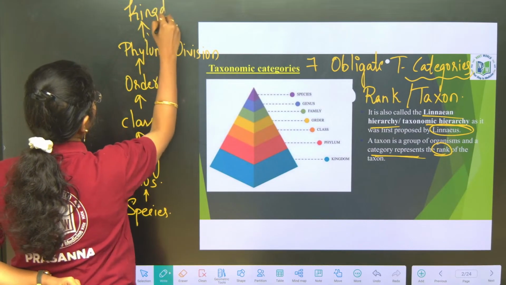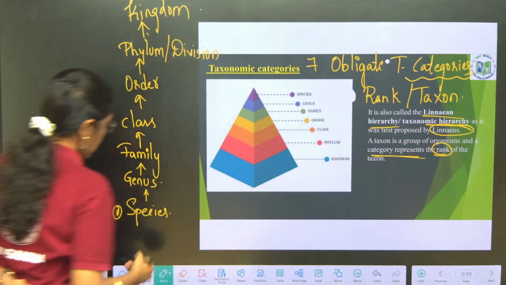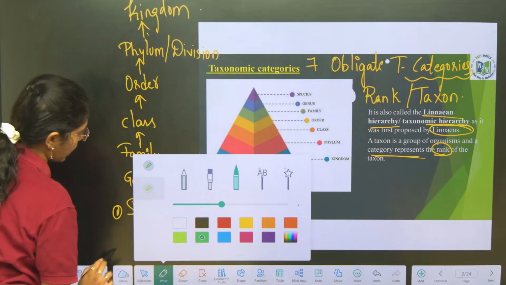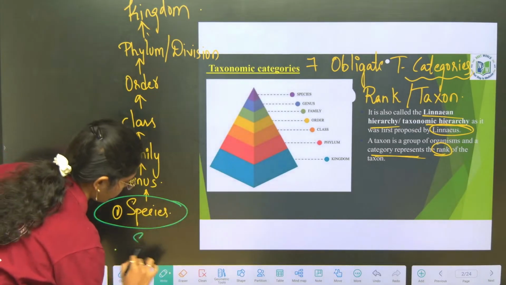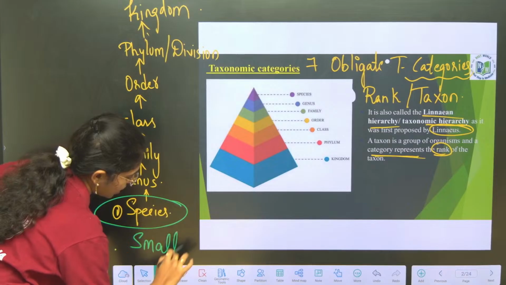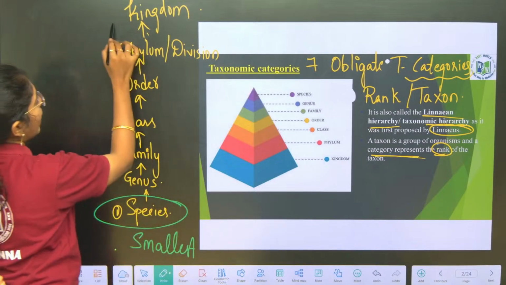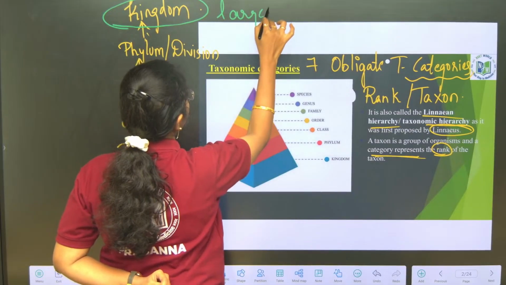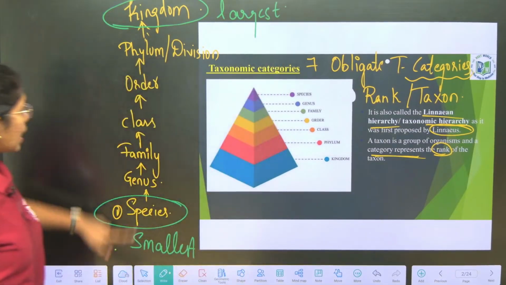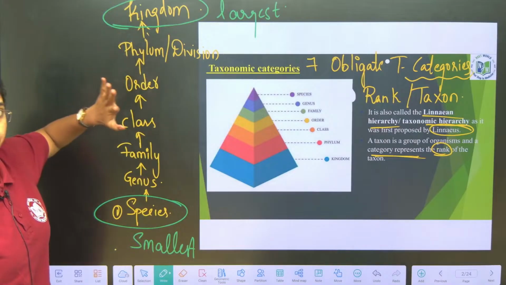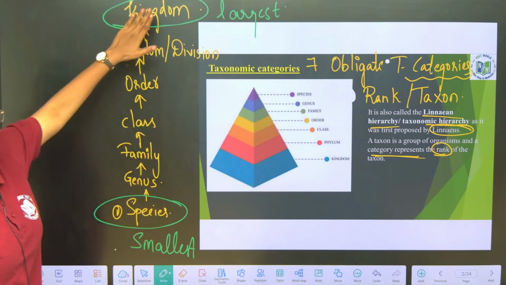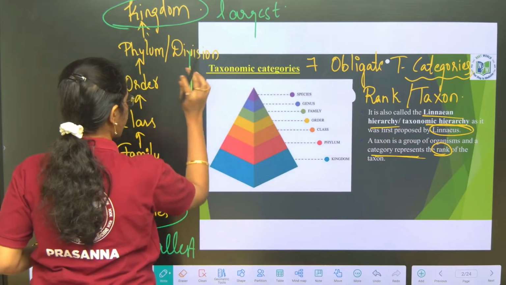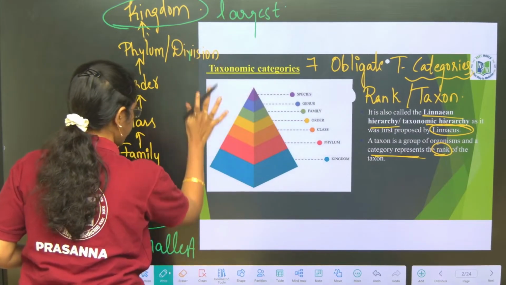Amongst these, the smallest taxonomic category is species. Make a note of it, these points are very important. And the largest taxonomic category is kingdom. So these are the 7 obligate taxonomic categories from species to kingdom. From species to kingdom is the ascending order.